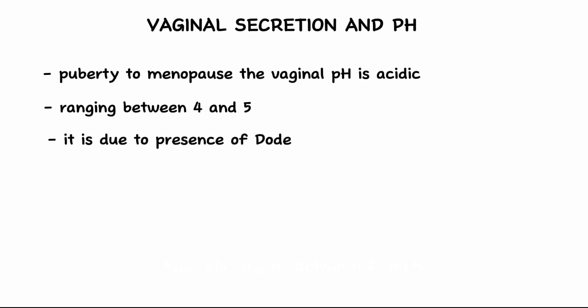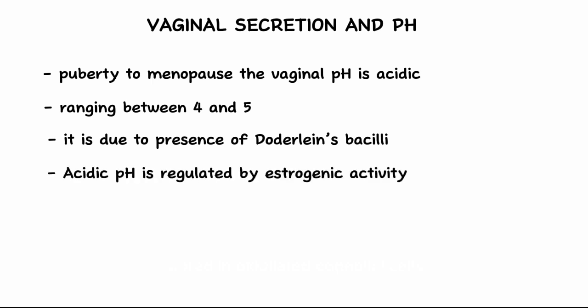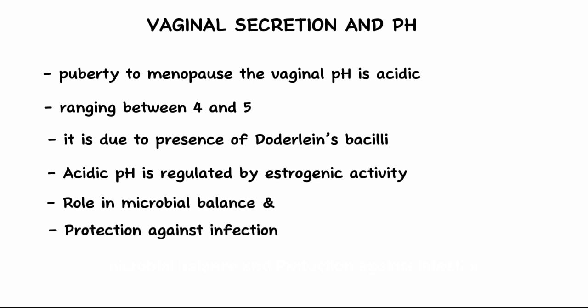This is due to the presence of Doderlein's bacilli, which produce lactic acid from the glycogen stored in exfoliated epithelial cells. The acidic pH is regulated by estrogenic activity and plays an important role in maintaining microbial balance and protection against infection.